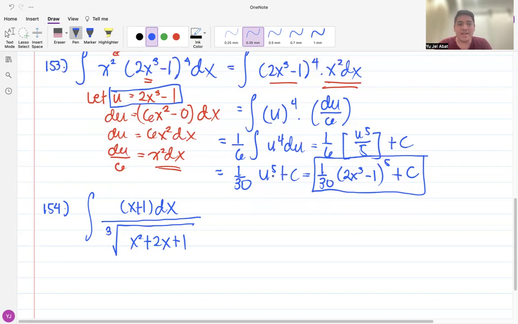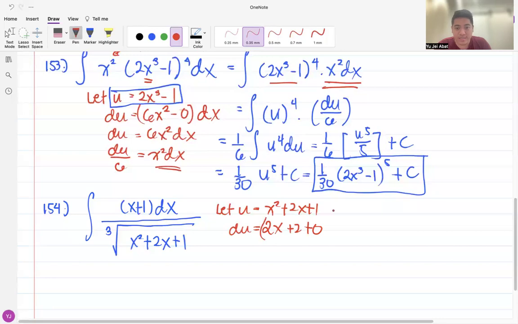Because we can just realize that the denominator is related to the numerator by a derivative. We are going to let u equal x squared plus 2x plus 1 and get the derivative. This is obviously the power rule: 2x plus 2 plus 0.